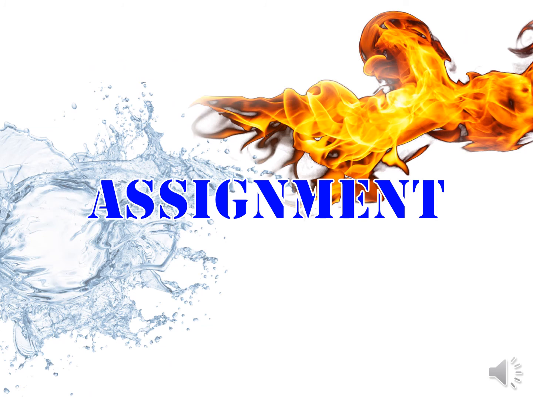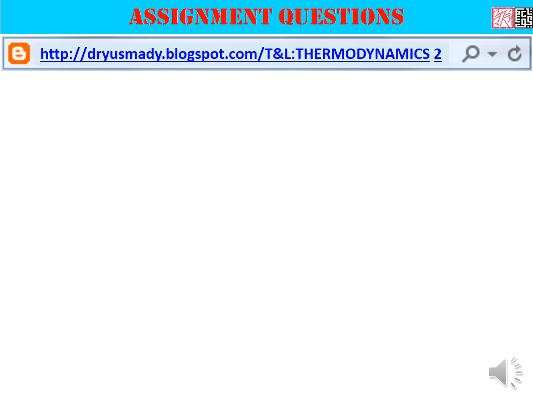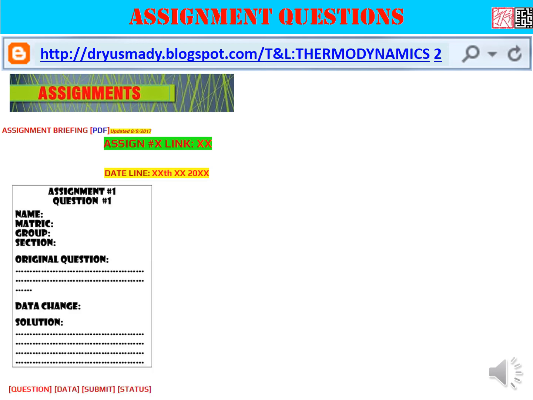For assignment, you will have 6 assignments. To obtain the assignment question, you have to go to my blog. In my blog, in the assignment section, I will provide you the deadline of the assignment, the format of the assignment, and also 4 links.